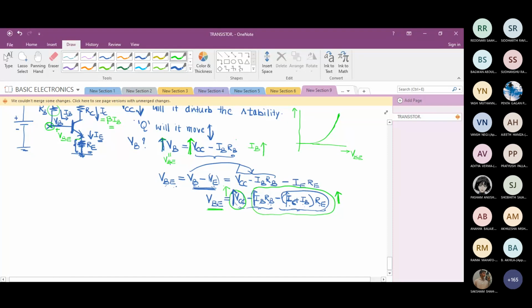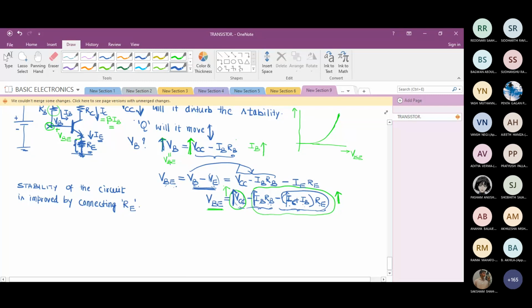By connecting resistance RE. So I'll write here: stability of the circuit is improved by connecting RE, the emitter resistance RE. Please make a note of this, very important. This is how we can improve the stability.